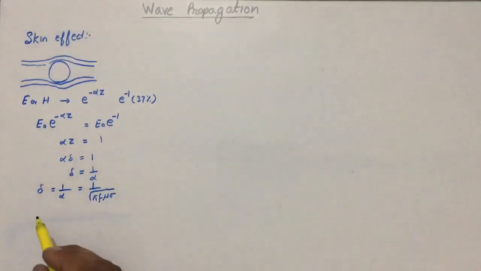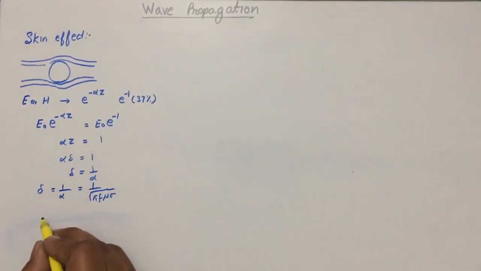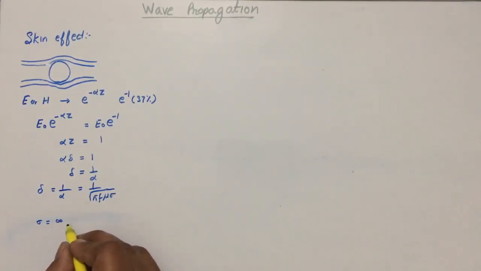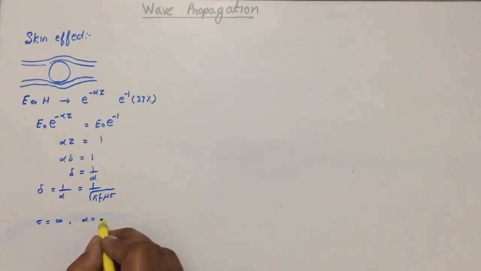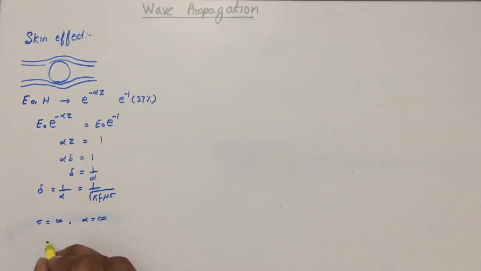Now if we talk about the perfect conductor, in that case sigma will be infinite and corresponding alpha will also be infinite, and if alpha is infinite then 1 by alpha is 0.